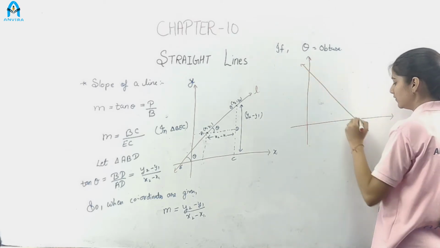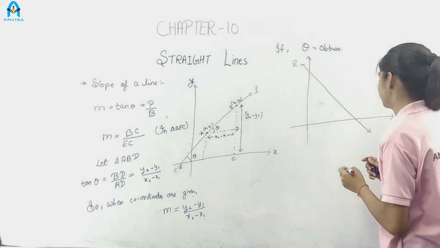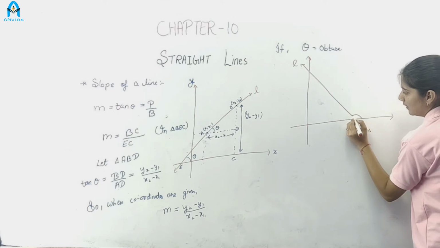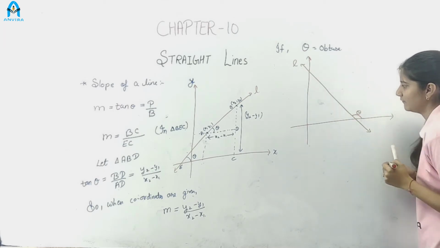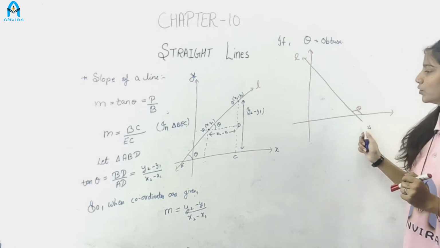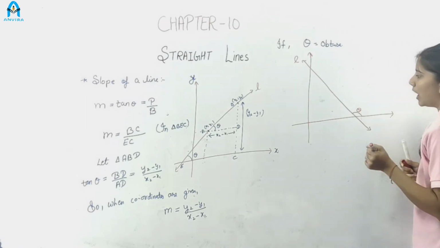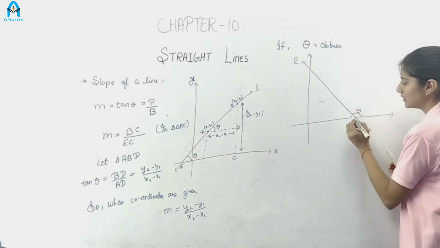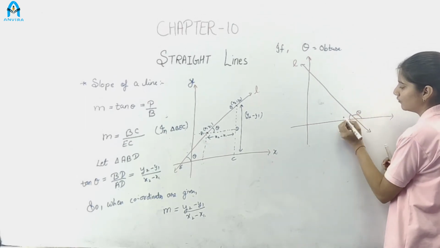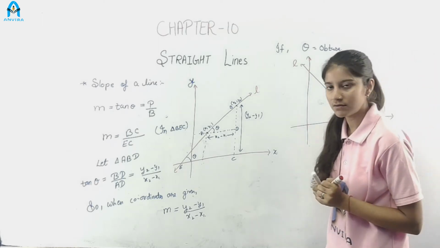So here is my line L, and we can easily see that this angle is an obtuse angle, that is greater than 90 degrees. So how can I find the slope of this line? If this is 180 degrees, then this will be 180 minus theta.